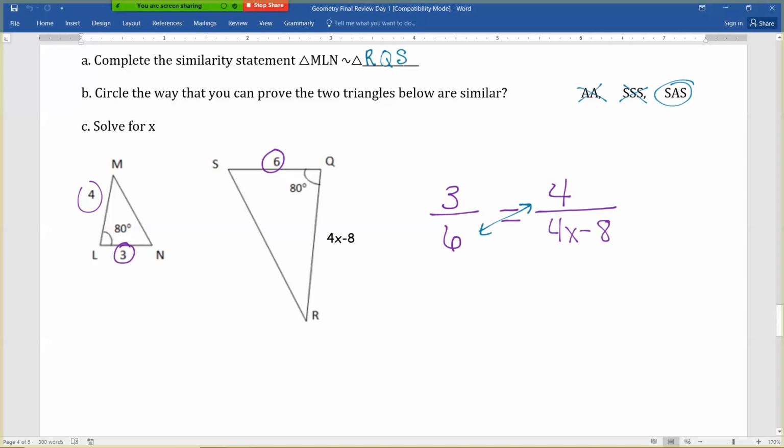I'm going to take these two and multiply them together. 6 times 4 is 24. And then I'm going to do the other diagonal. Be mindful when I do this diagonal, the 3 gets multiplied by the 4x and the minus 8. So 3 times 4x is 12x. And 3 times negative 8 is negative 24.